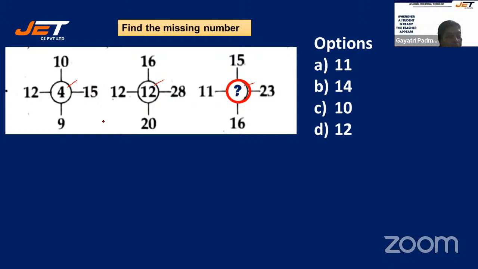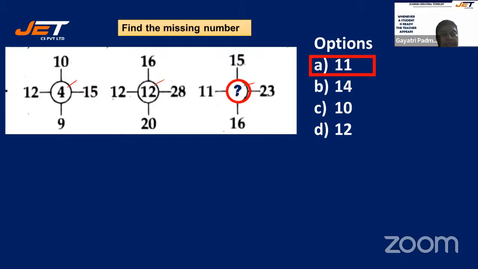So, 10 plus 15 is 25. 25 minus 12. Since you need the inner circle, let us subtract minus 9. You will get 4. All right.